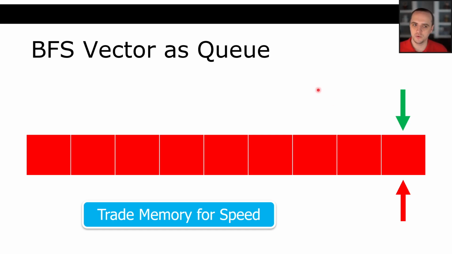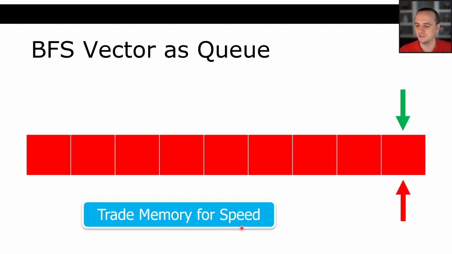So what we're doing here is we're trading memory for speed, because our BFS queue is never actually removing the memory. We're just sort of forgetting that it's there, okay? But the real hard operation in a queue is the delete operation, and what we've done is we've actually removed that linear time operation. So we're giving more memory, but we're getting a lot more speed.